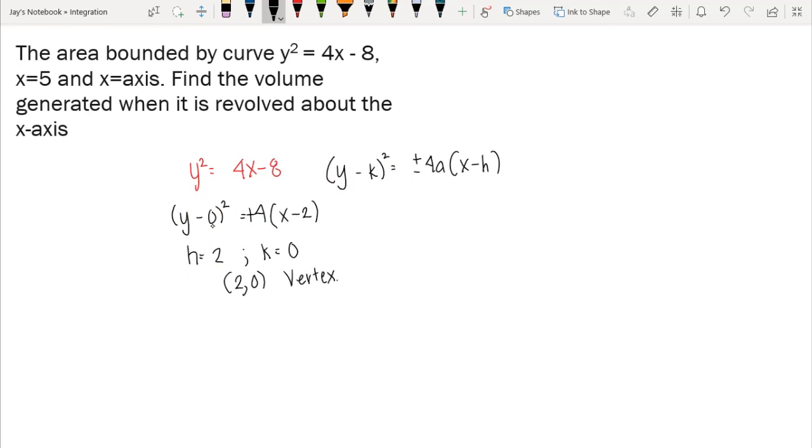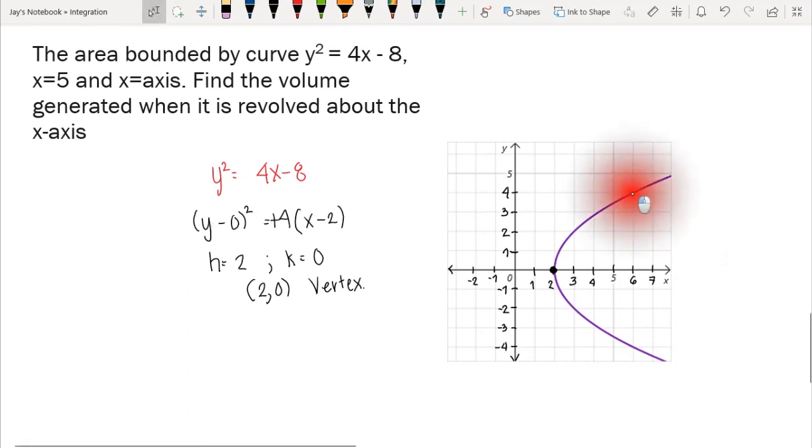Since we have already determined the vertex, we can now draw our curve in our Cartesian plane. This is our curve, okay? Then we have its vertex at 2, 0. Okay, this point here.